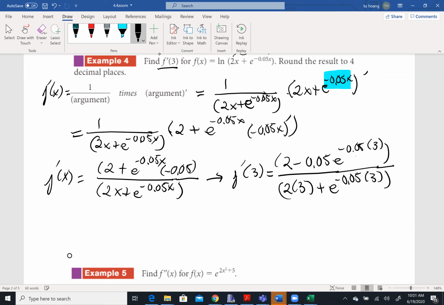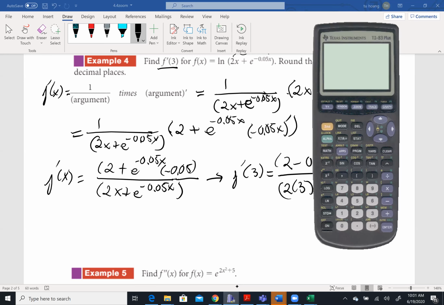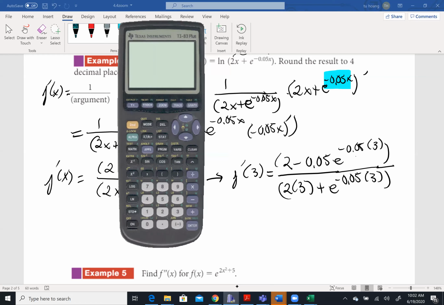Okay, so now it's time to use a calculator. Here's my TI-83. You are allowed to use your TI-83 or a scientific calculator, but not anything like an online calculator. So on top I have parentheses, 2 minus 0.05 times e.